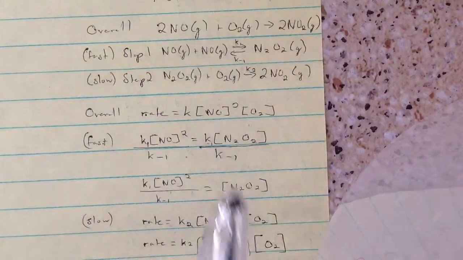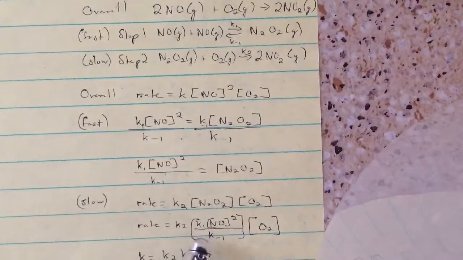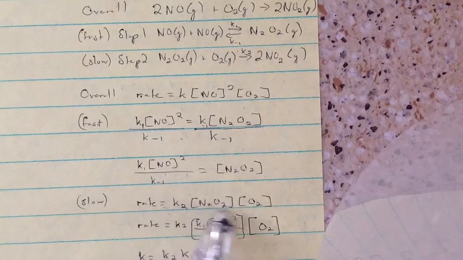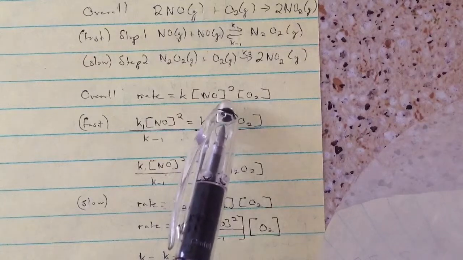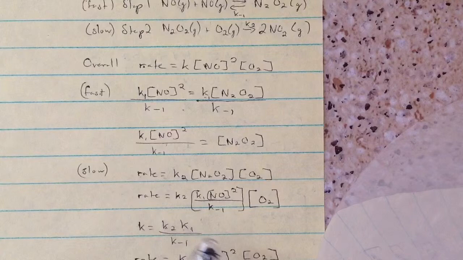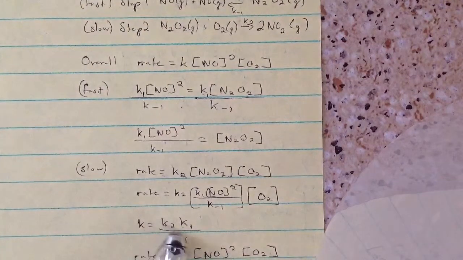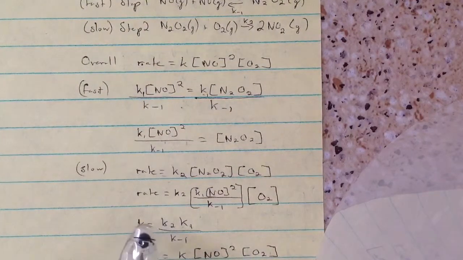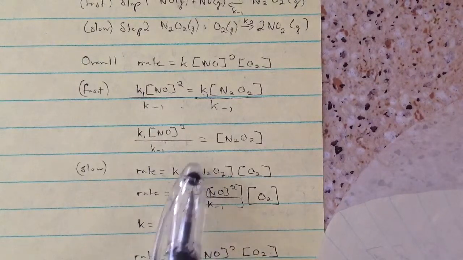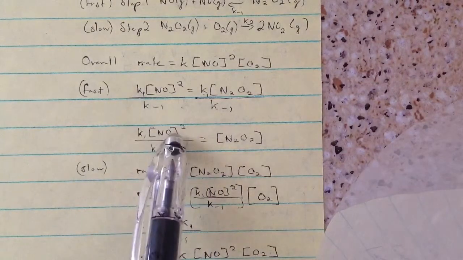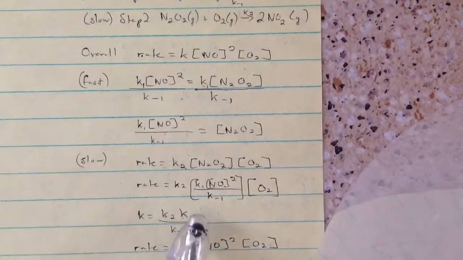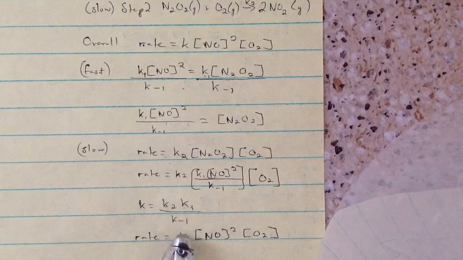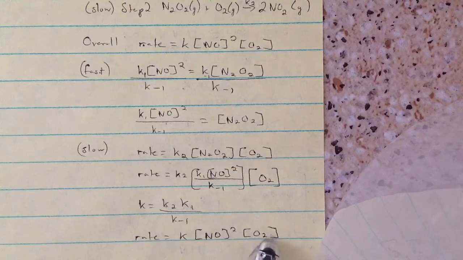So if we write the rate law of the slow reaction, it's K2 [N2O2][O2]. This is not equal to the overall, so we can plug this in to make it. Once we plug that in, using K equals K2 times K1 over K negative 1 equals K, when we plug in what we got for the fast step into N2O2, all these K's cancel to make K, the NO squared is left, and the O2 is left.